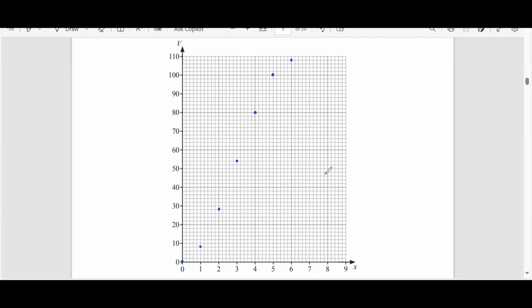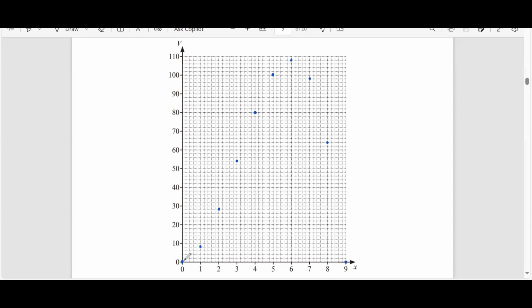Next is 7, 98. 7, 98. So that is 7, and 90 is over here. So 92, 94, 96, 98. So this is 7, 98. And we have 8, 64. 60, 62, 64. And 9, 0. 9, 0 will be over here.